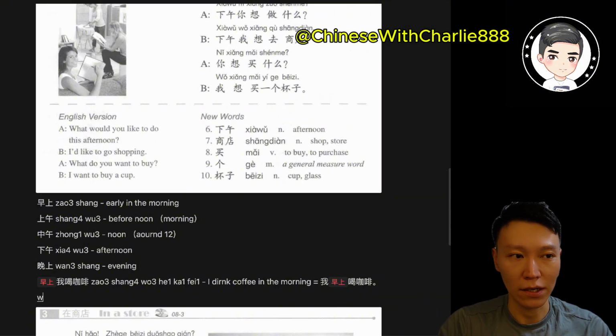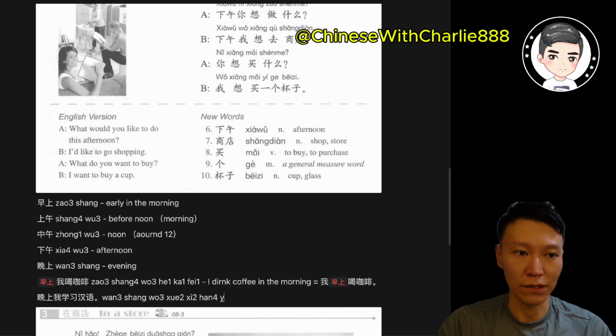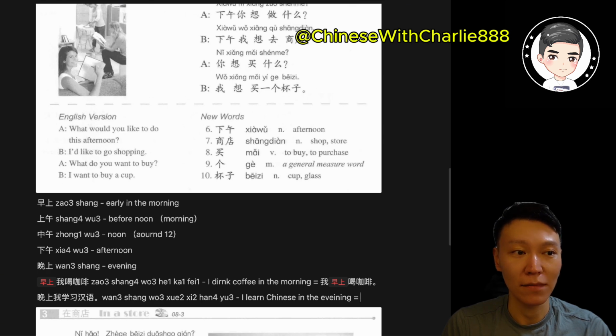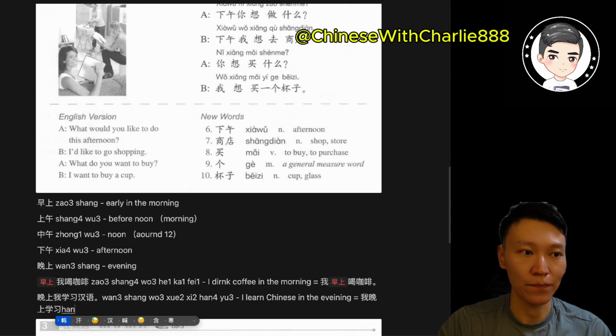For example, 晚上我学习汉语, which means I learn Chinese in the evening, which can also be said as... I will give you 3 seconds to think about that. 3, 2, 1. Okay. You can also say 我晚上学习汉语, right?